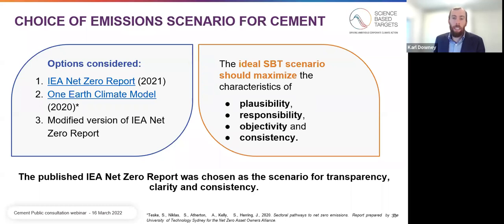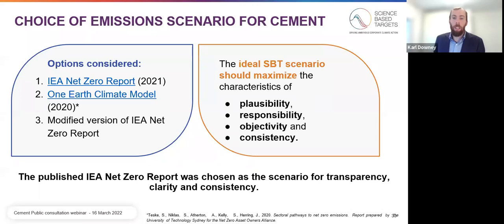So the project team identified 3 potential emission scenarios we could use that fit those criteria, and also the budget ranges identified by Andreas. First is the IEA Net Zero report from 2021 itself. The second one was the One Earth climate model from the University of Technology, Sydney.